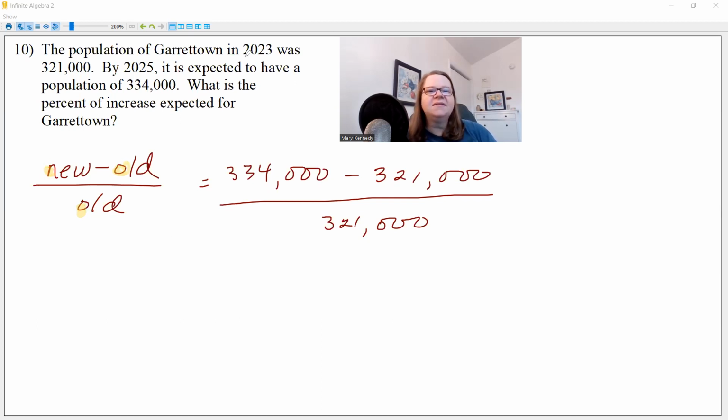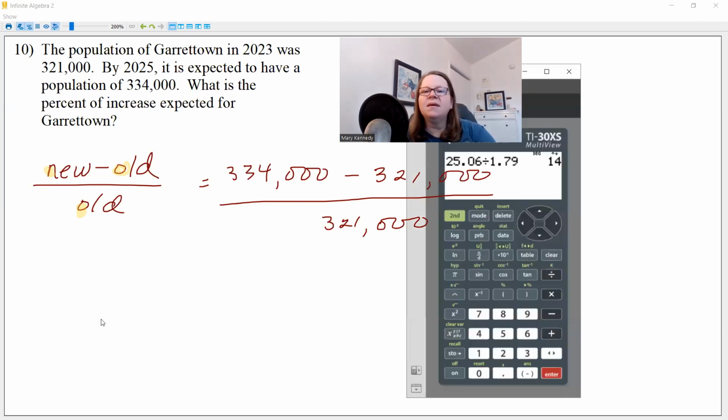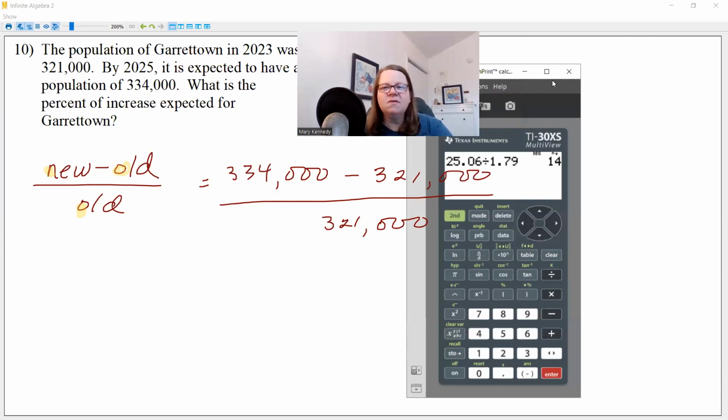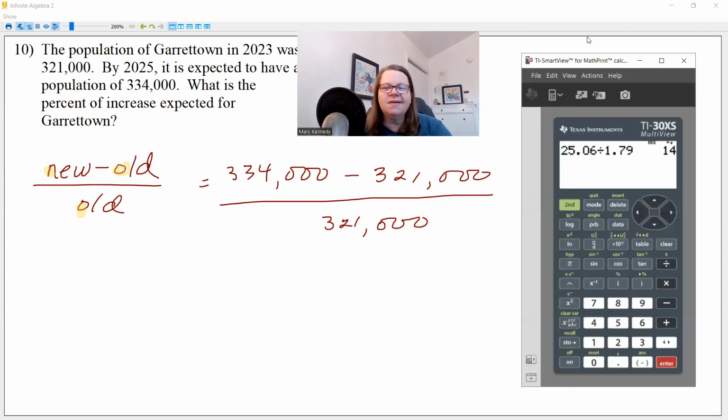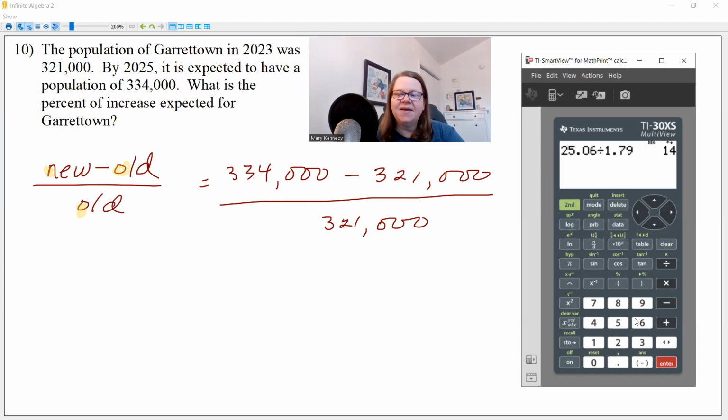Okay, so let's actually do some solving here and see what we get. So I grab my calculator. Okay, so my calculator will do the whole thing in one. Love this calculator.